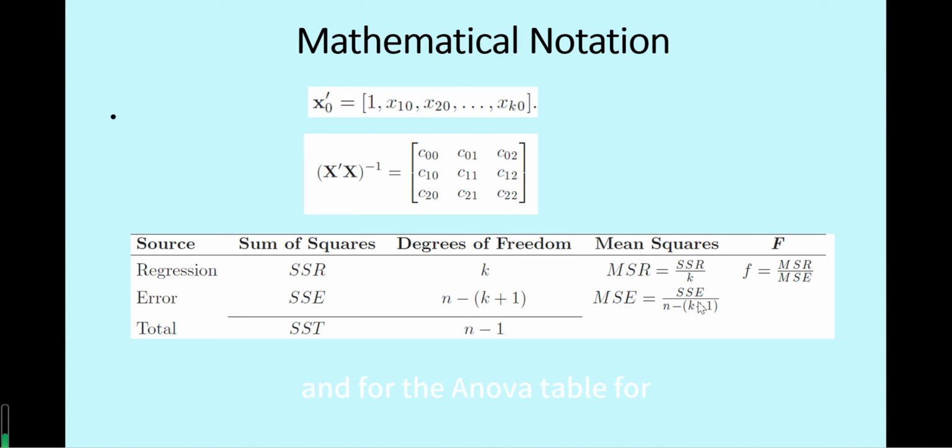And for the ANOVA table for a linear regression or multiple regression model, this is the SSR, which is the variance explained by the model, and this is SST, the total variance of the response variable.